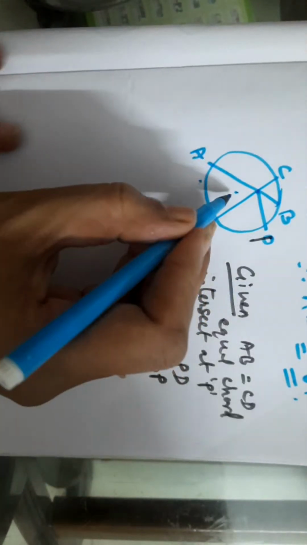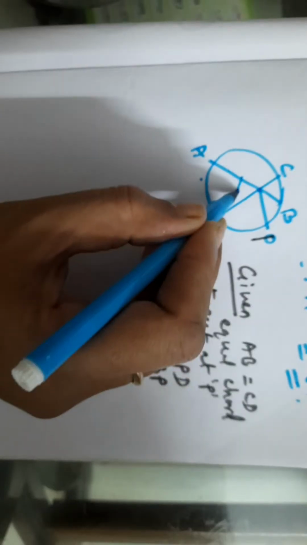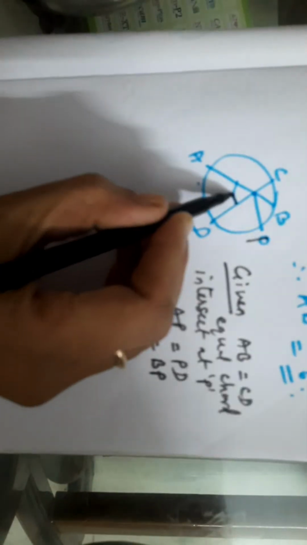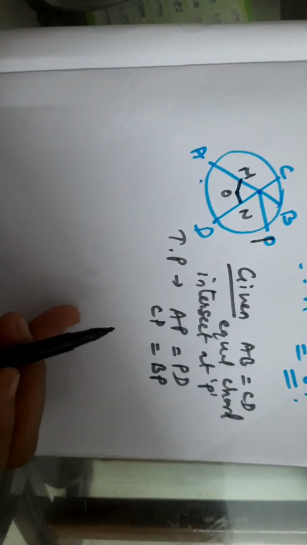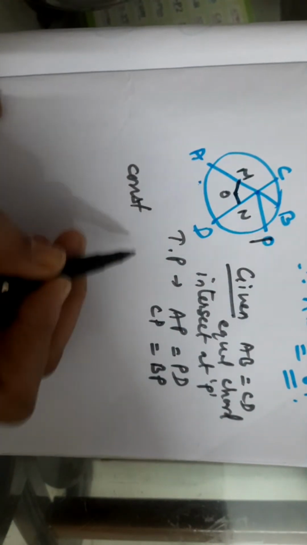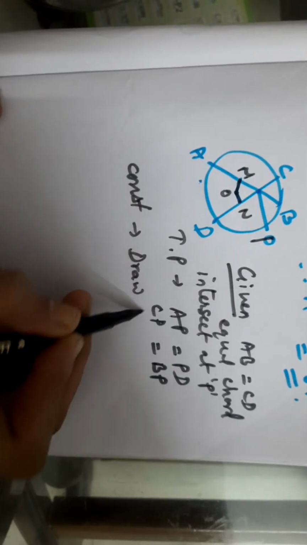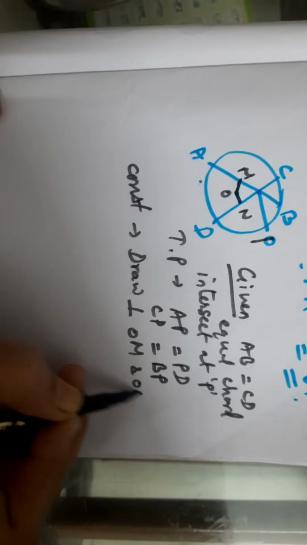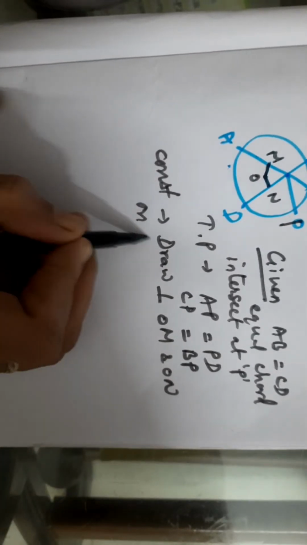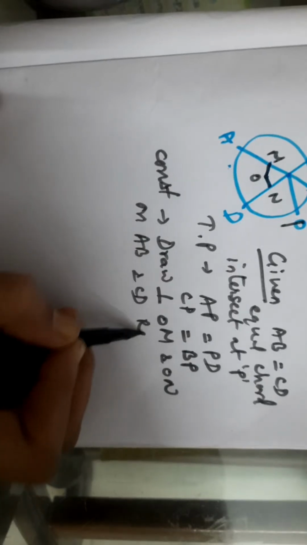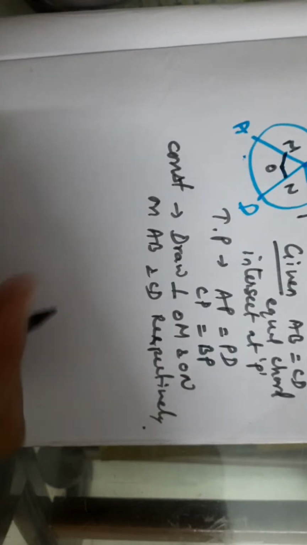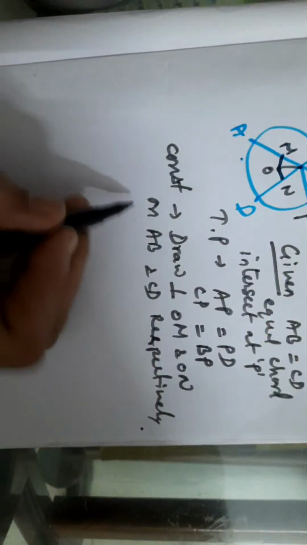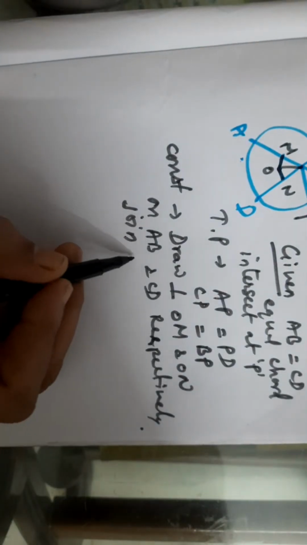First, in construction, we take the center of the circle, O, and from there we drop two perpendiculars, which fall at M and N. So this is the construction part: draw perpendiculars OM and ON on AB and CD respectively. Now join OP.